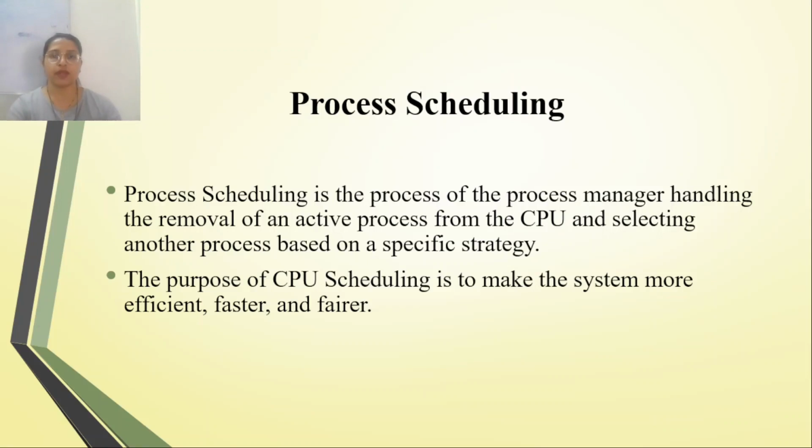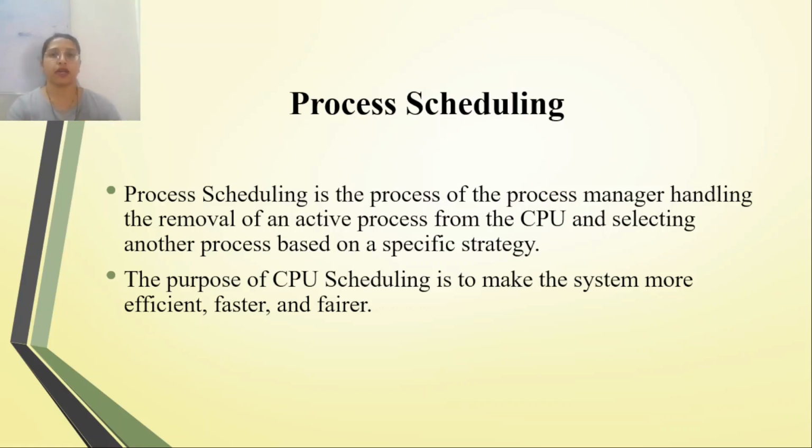The process is being executed by the CPU, but the active process is removed from the CPU and another process is given to the CPU for execution. Why does this happen? What is the reason behind this? What is the algorithm that is being used? Everything will be covered in process scheduling.